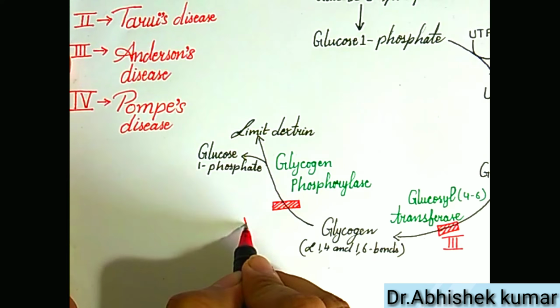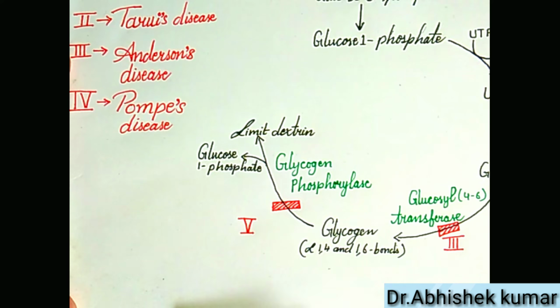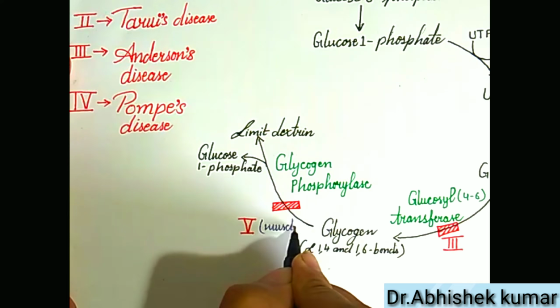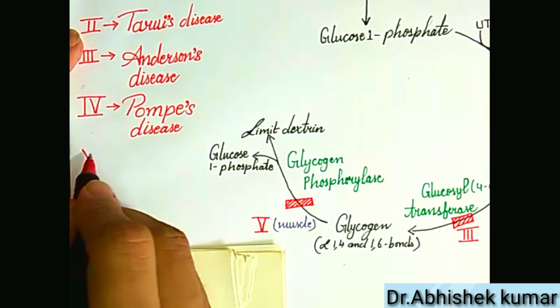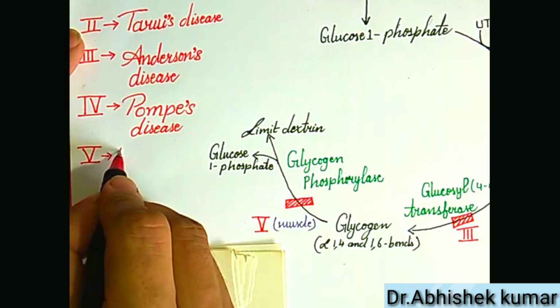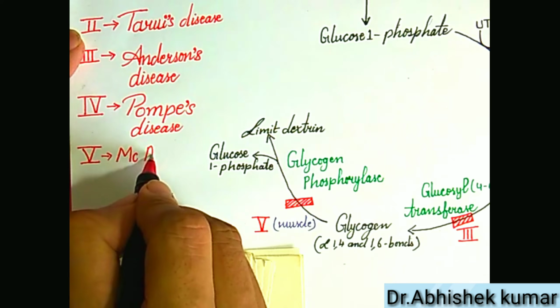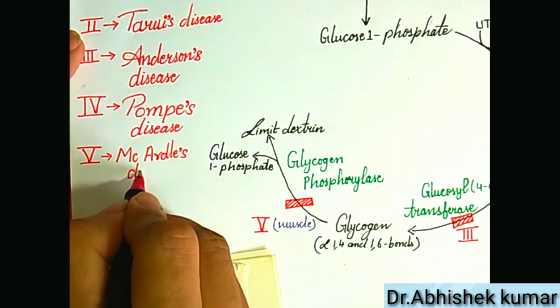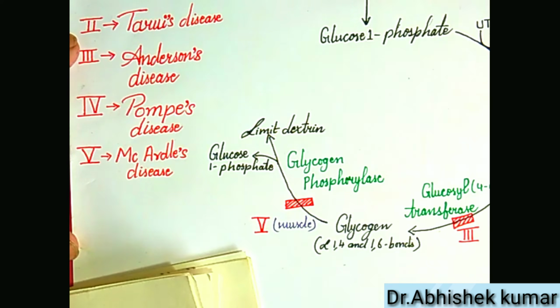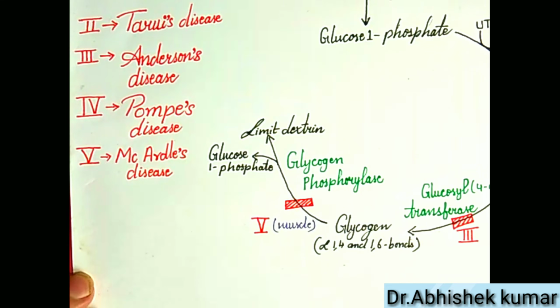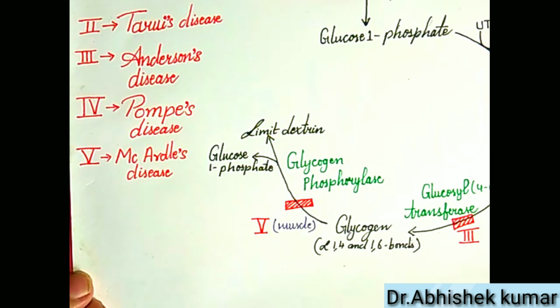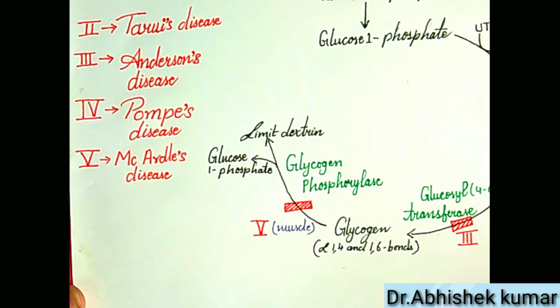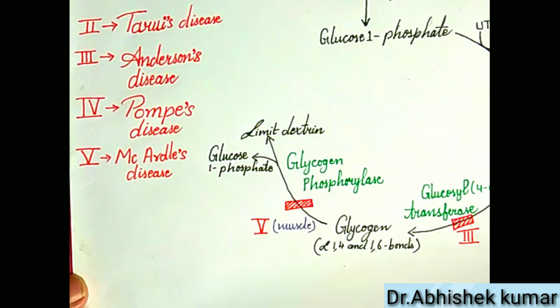Deficiency of glycogen phosphorylase will lead to the fifth disease, which is mainly in the muscles, McArdle's disease. If I did not pronounce it correctly, sorry for that. So we can see the biochemical manifestation is due to glycogen phosphorylase.